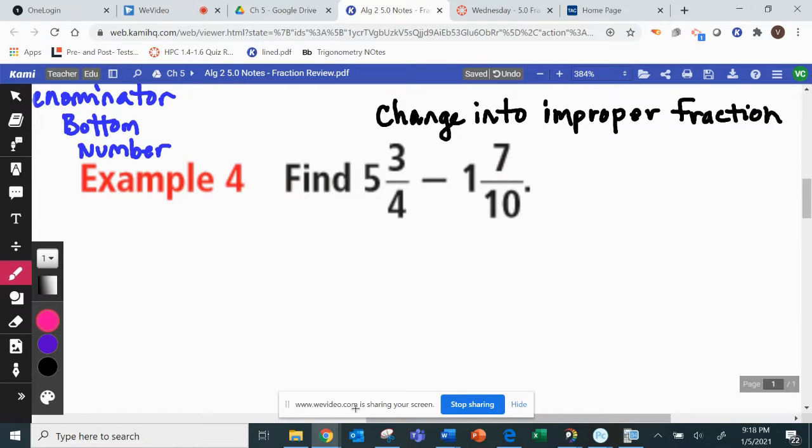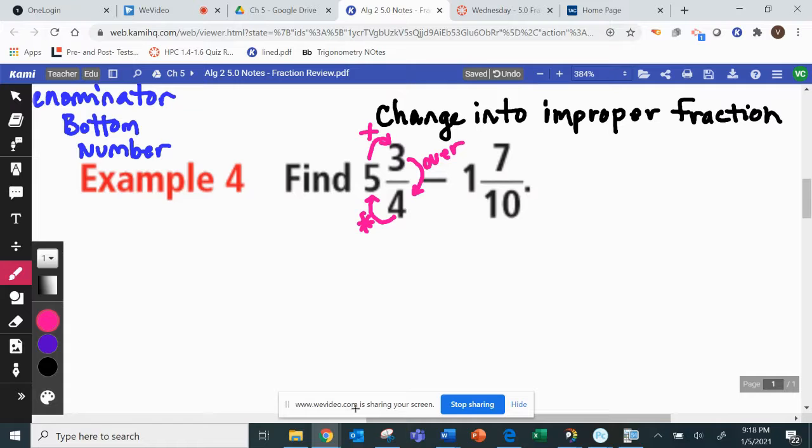You are going to multiply the denominator times the whole number. And you're going to take that and add on the number on top. And then we put that answer over the denominator.